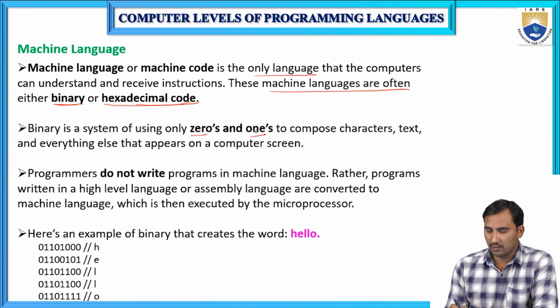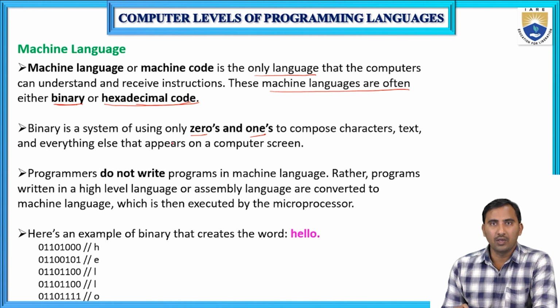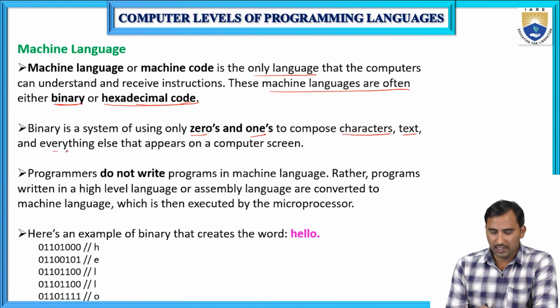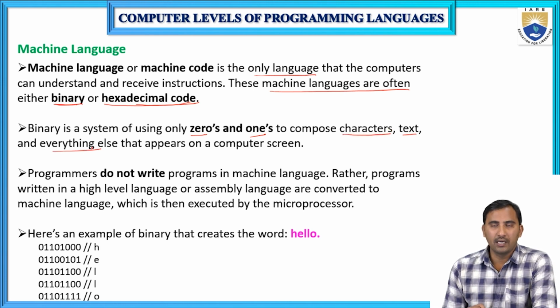We have already seen this. These zeros and ones are used to represent text, characters, and everything else that can appear on the computer's screen. Any type of information can be represented using only zeros and ones in machine language.